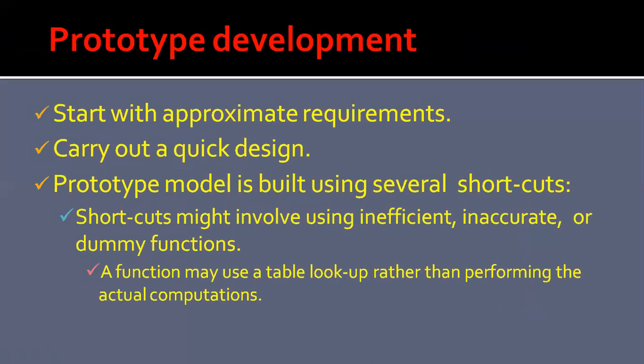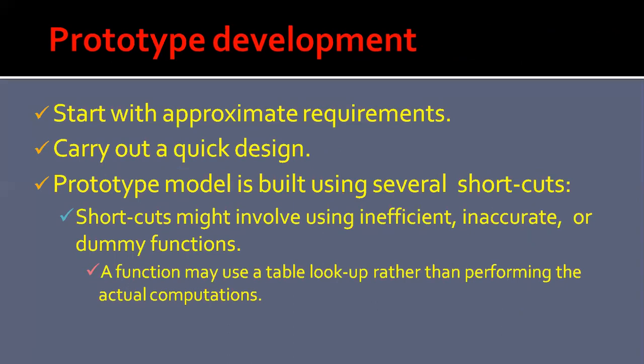In prototype development, it starts with the initial requirement gathering phase. Then the quick design is carried out and a prototype is built. The developed prototype is then submitted to the customer for evaluation. Based on the customer feedback, the requirements are refined and the prototype is suitably modified.